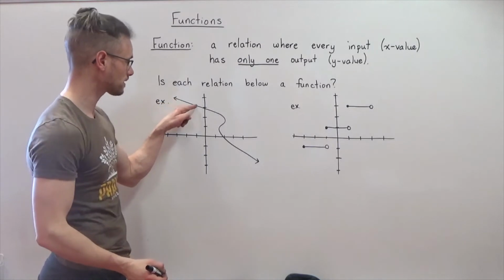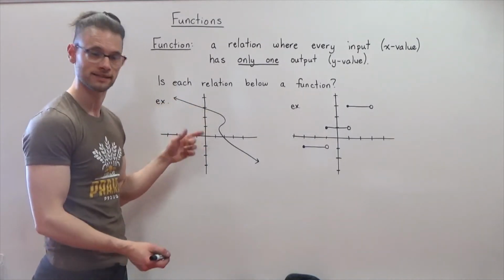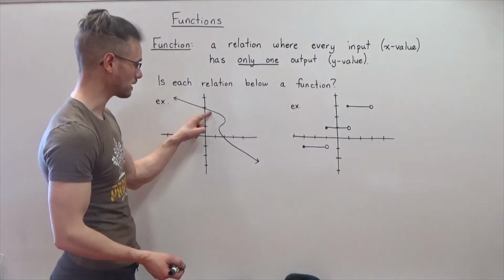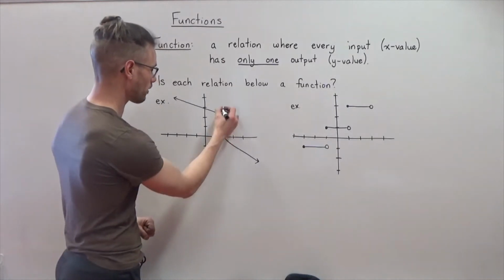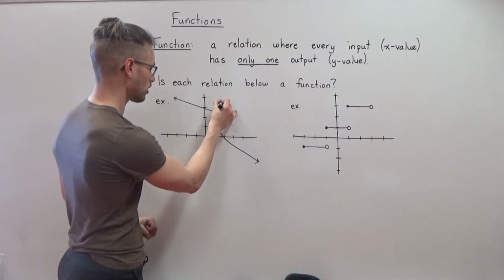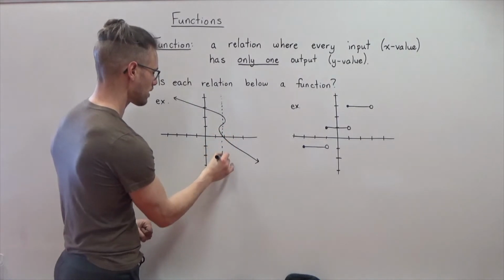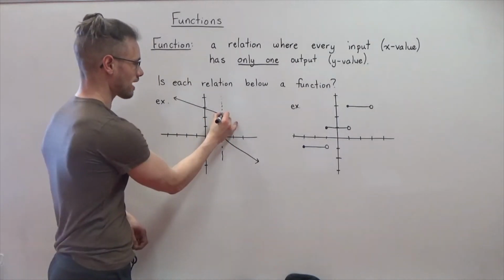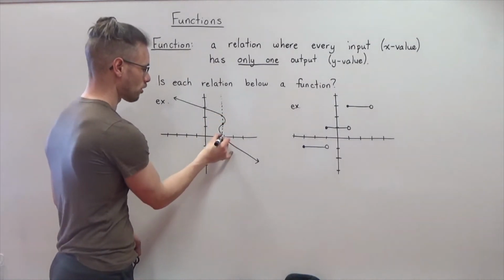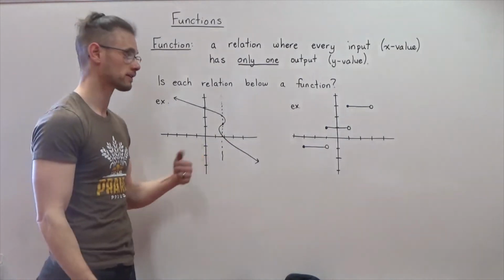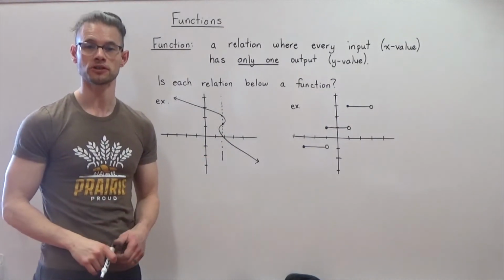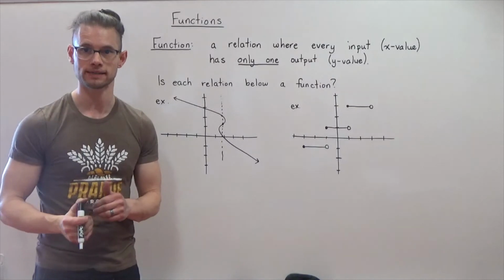And for most of this relation's existence, it only has one point. But right around here between 1 and 2, if we were to draw a vertical line somewhere around there, it touches the graph or touches the relation at multiple points. And therefore, this is not a function because it fails the vertical line test.